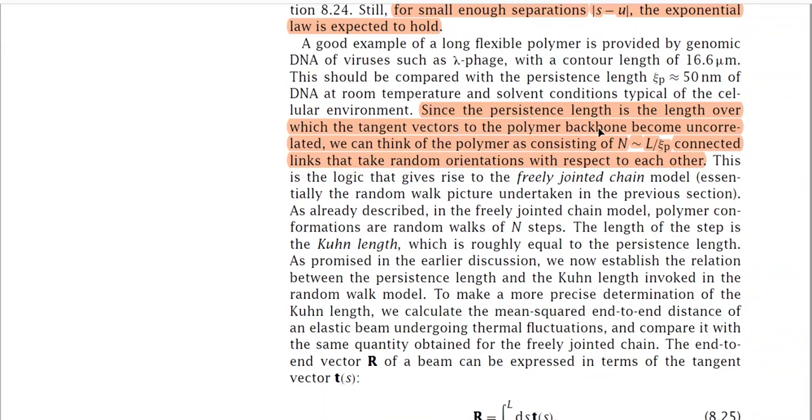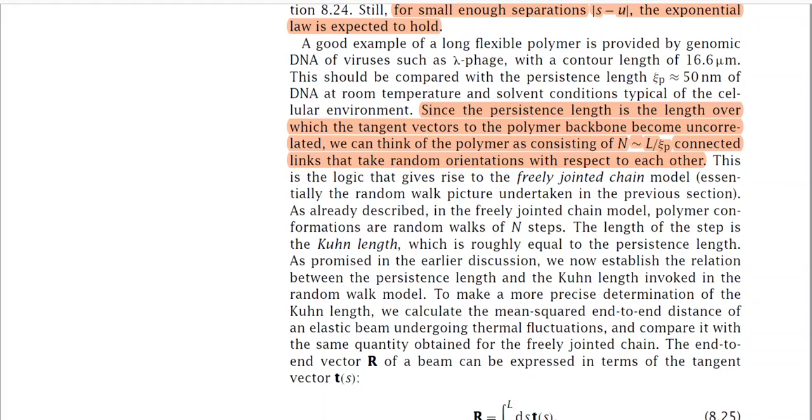Since the persistence length is the length over which the tangent vectors to the polymer backbone become uncorrelated, we can think of the polymer as consisting of N, equal to L divided by epsilon p, connected links that take random orientation with respect to each other.